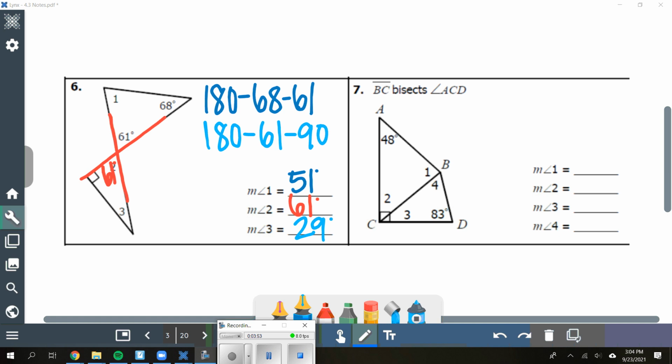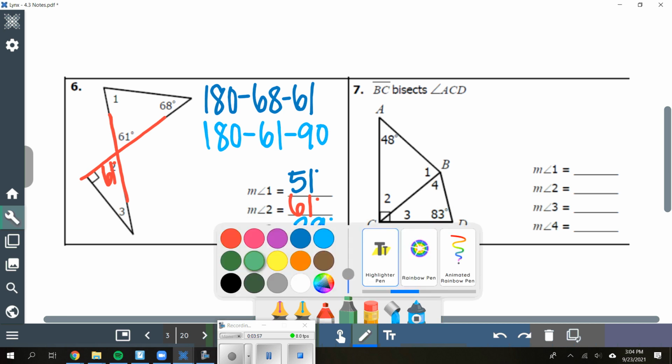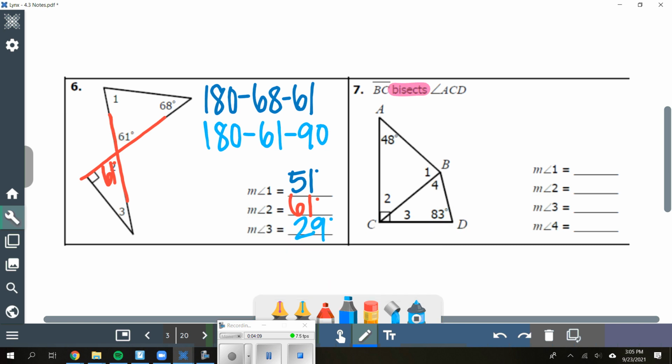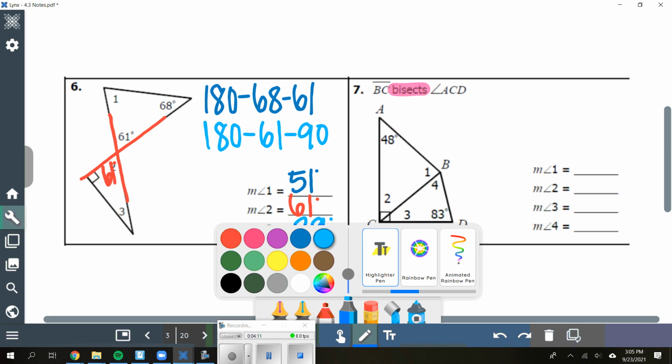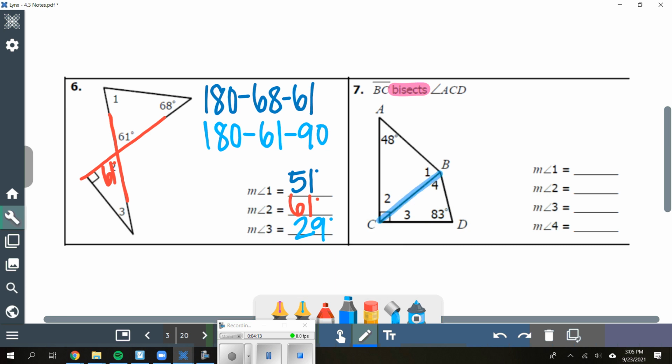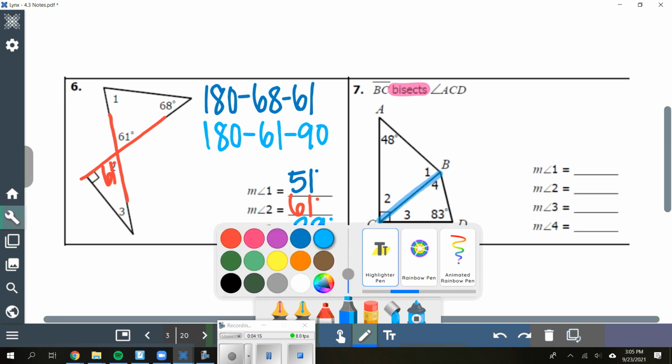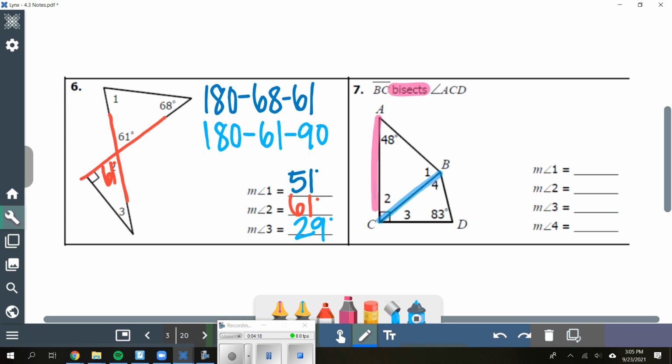Alright, and there are your answers for the rest of 6. On 7, it says that we are bisecting an angle. So when we are bisecting, that means we are cutting in half. So BC is going to bisect in half ACD.